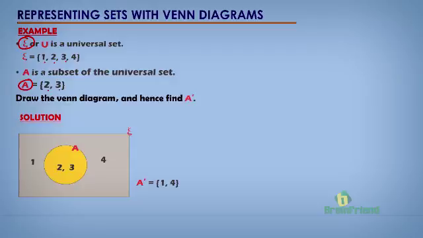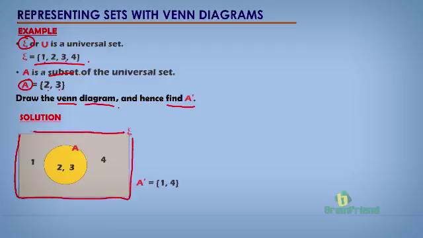A is a subset of our universal set here. We've been asked to draw the Venn diagram and hence find the complement of A. To draw the Venn diagram, we'll quickly draw our rectangle, which is used to illustrate our universal set.